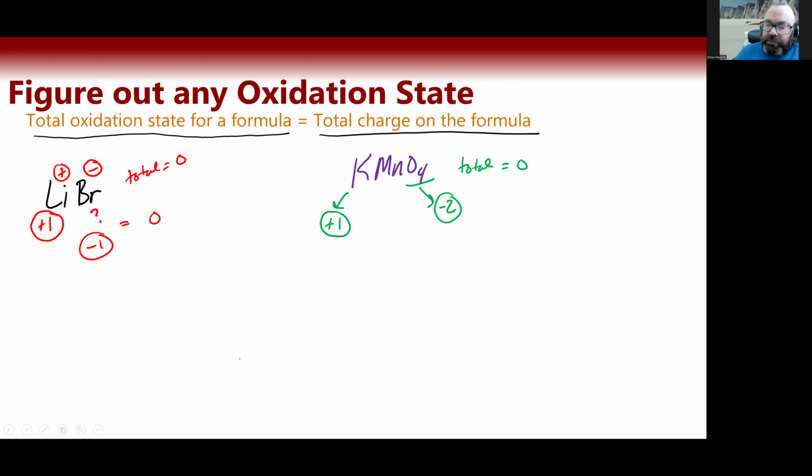This means +1 plus whatever manganese is, plus 4 times -2, because each oxygen is -2 and there's 4 of them, has to equal 0. So 4 times -2 is -8. 1 plus manganese minus 8 equals 0, so manganese is going to have to be 7.